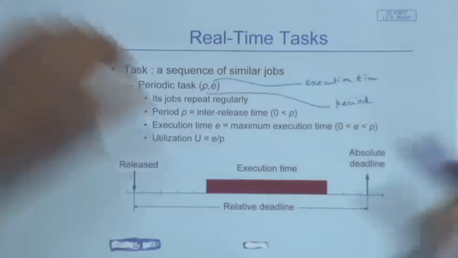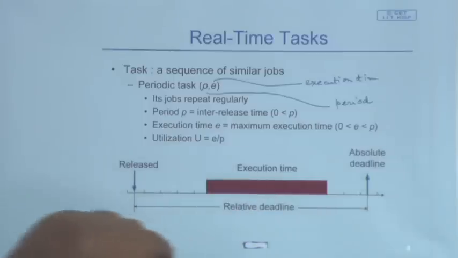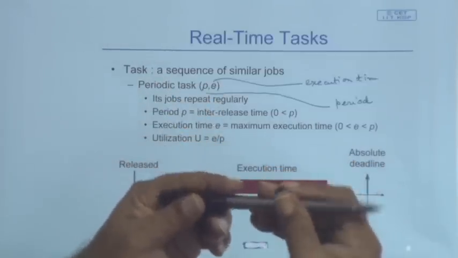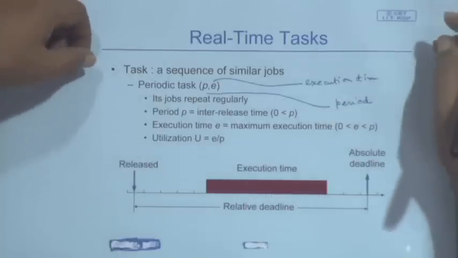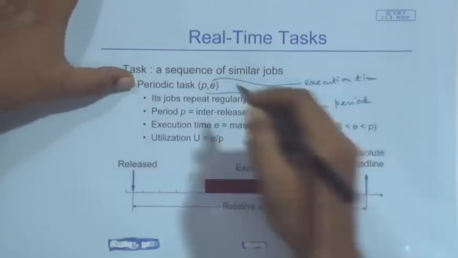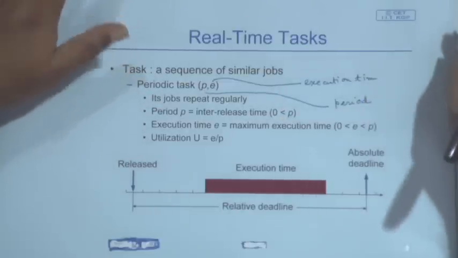Period means the delay or the frequency at which a particular job arrives. Okay. Right now we are considering only periodic tasks, not aperiodic tasks or sporadic tasks.